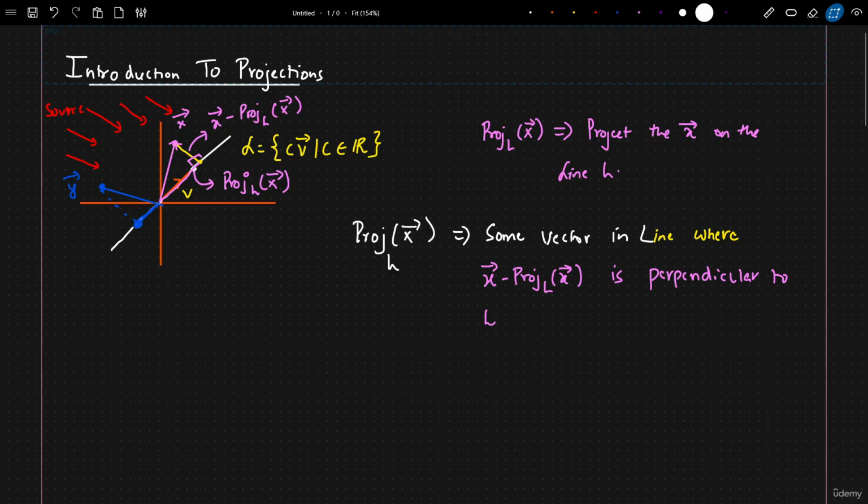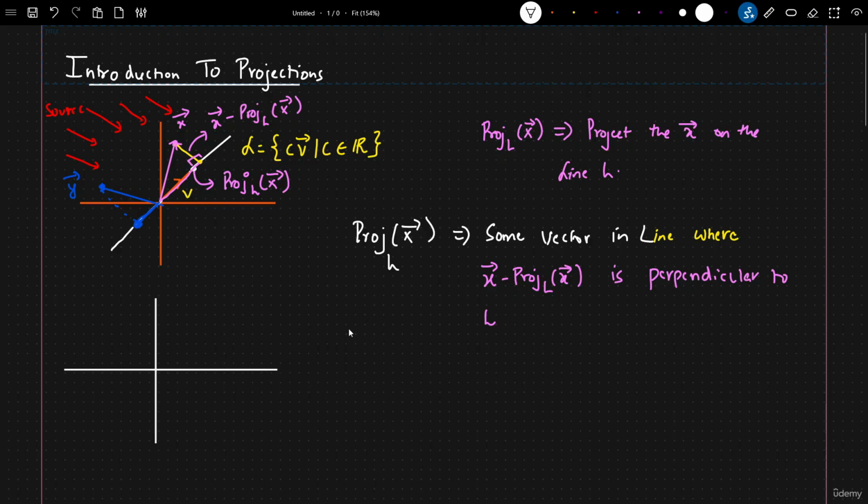Perpendicular to L. Now guys, I want to cover a very important property regarding this. Let's see what happens when we have a vector perpendicular to a specific line. What exactly does this basically mean? Let's consider this, and here I will show you this particular property. Let's say I have this coordinate system.